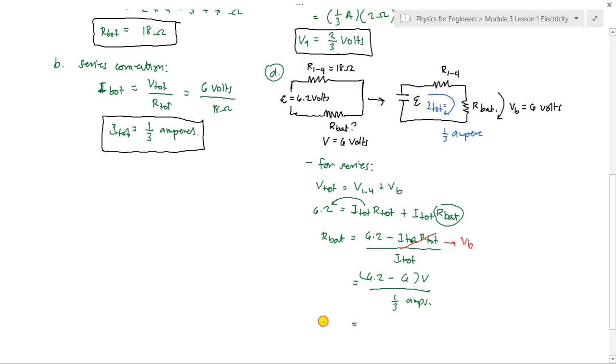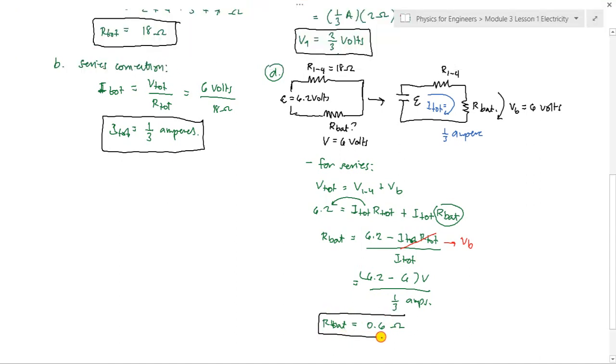Simplifying this, we can now solve for the resistance of the battery. That is 6.2 minus 6 divided by 1/3. The answer is 0.6. So the internal resistance of the battery is 0.6.